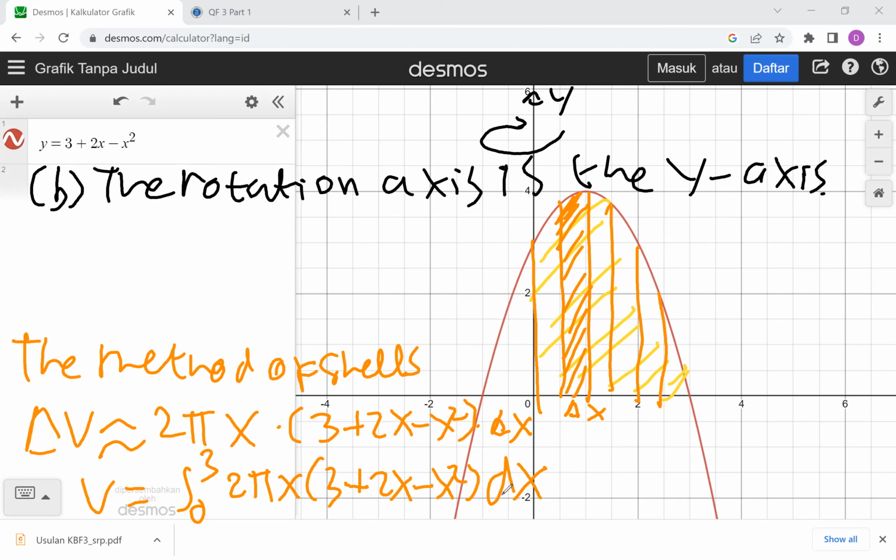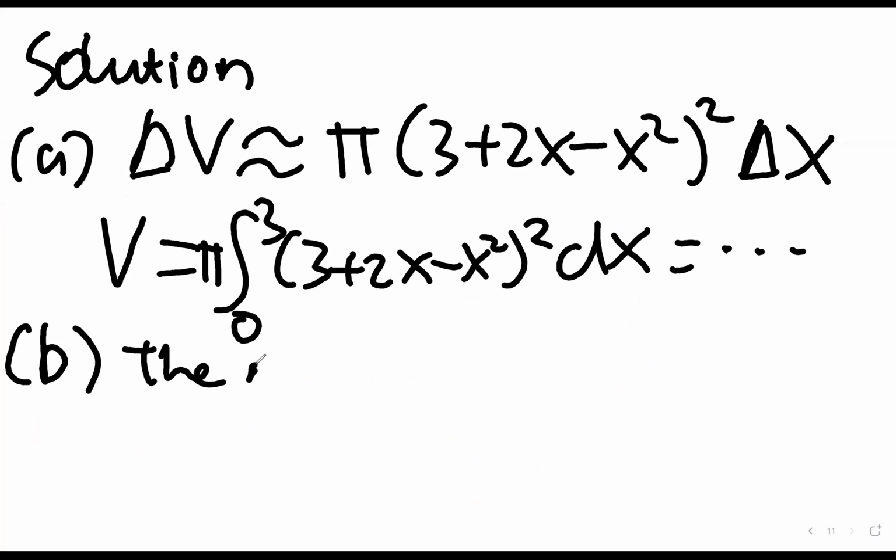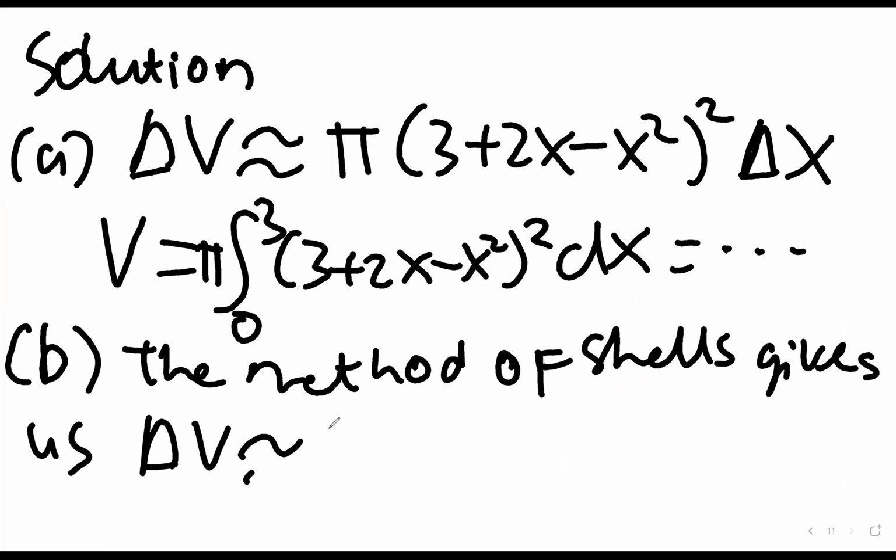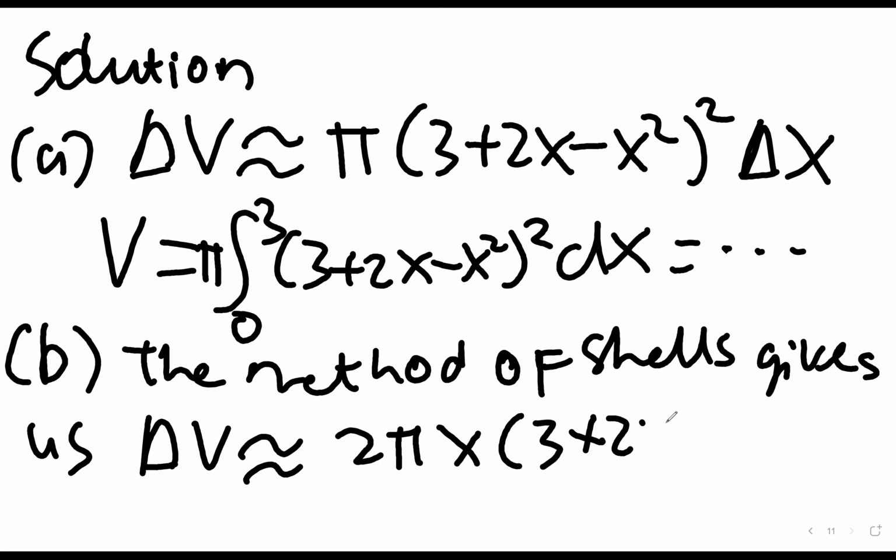I will put it on the whiteboard. So part B, the method of shells, gives us delta V is approximately 2 pi x (3 plus 2x minus x squared) delta x.